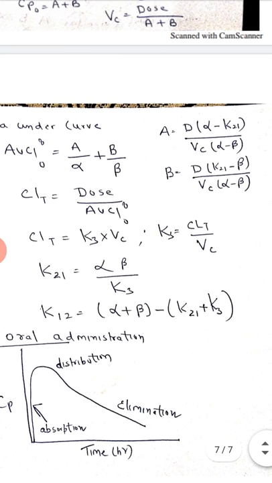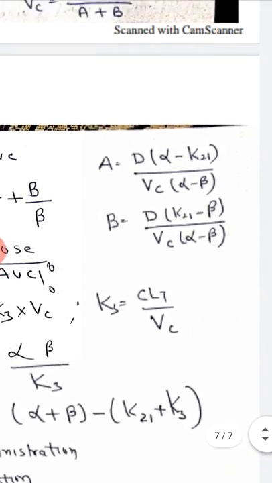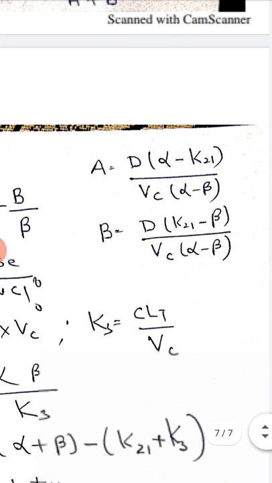Now to calculate A, the formula is, as you can see on the screen, A is equal to D times (alpha minus K21), divided by Vc, the volume of distribution of the central compartment, times (alpha minus beta).